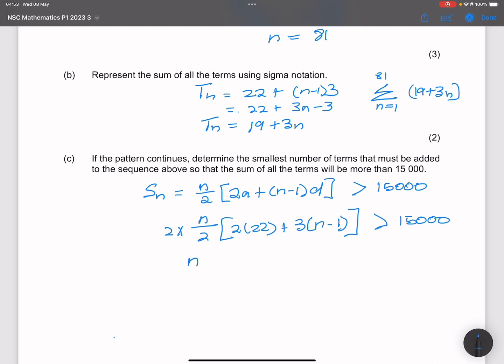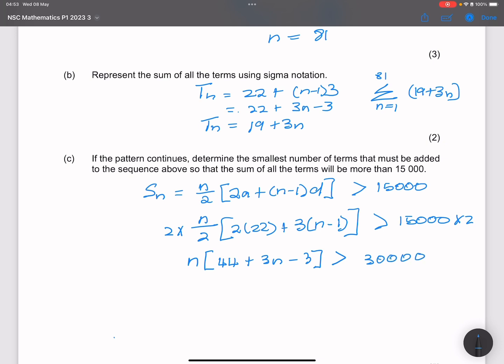We've got n into 2 times 22 will give us 44 plus 3n minus 3, okay, which is greater than, remember I multiplied by 2 on the left hand side. Whatever I do on the left, I do on the right. So that should be greater than 30,000 if I multiply that by 2.